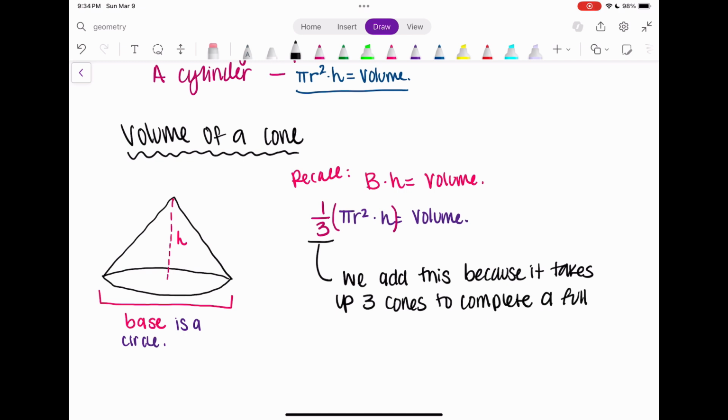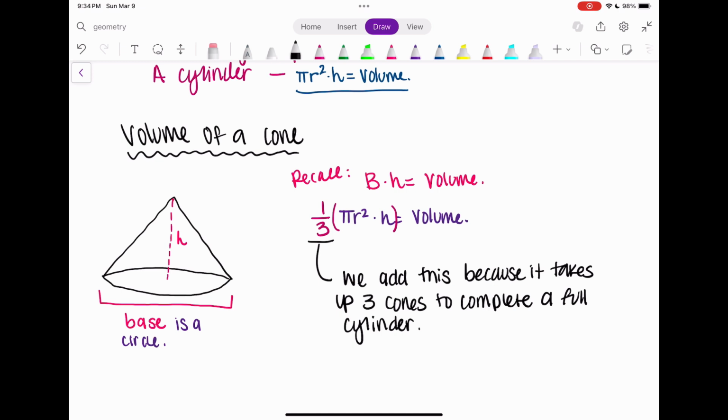So it's very important to remember putting in the fraction in front of the pi r squared times h for a cone. The good thing is that we know what pi r squared times h looks like. We just have to remember to put a 1/3 in front of it.